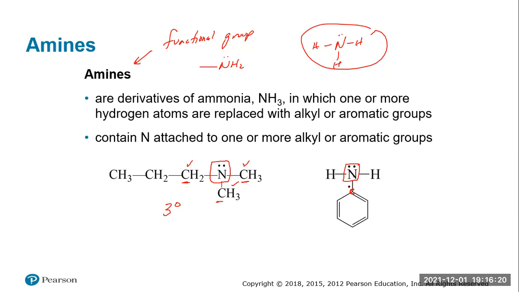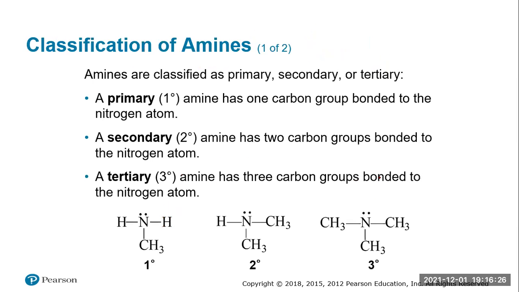This nitrogen is connected to just 1 carbon, which means it's a primary amine. So much like what we've done with other organic groups, we can classify amines as primary, secondary, tertiary, based on how many carbon atoms are directly attached to the nitrogen.